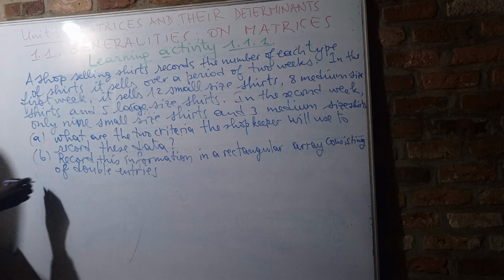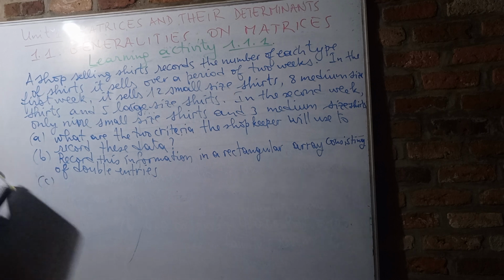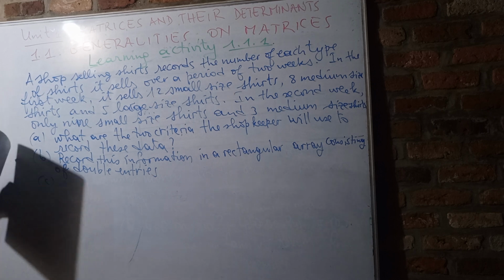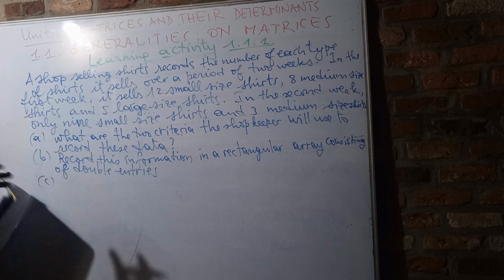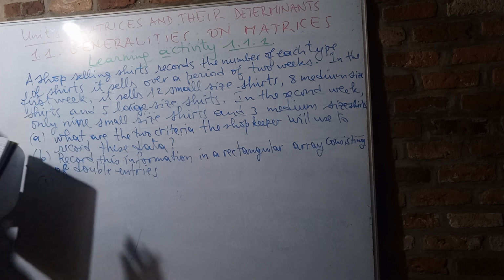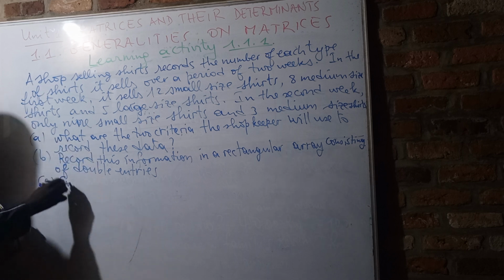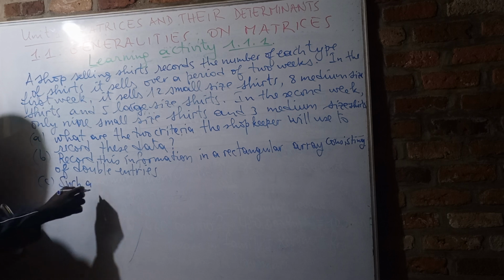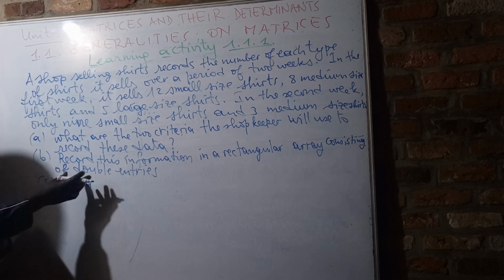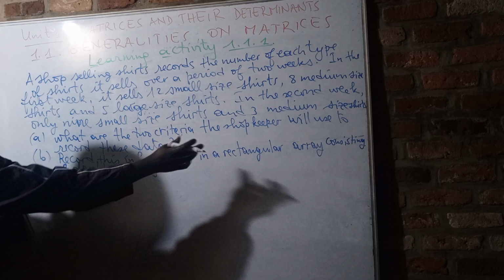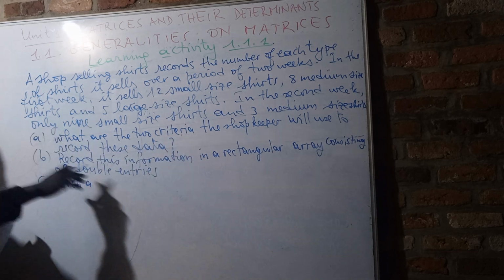Now, sub-question C. Suppose that this table is called a matrix. So such a table will be a rectangular array of double entry.